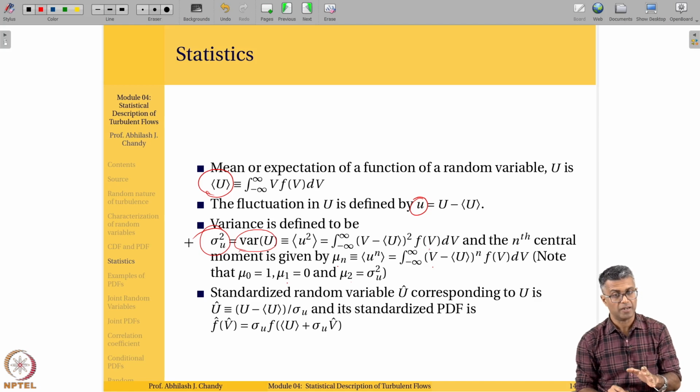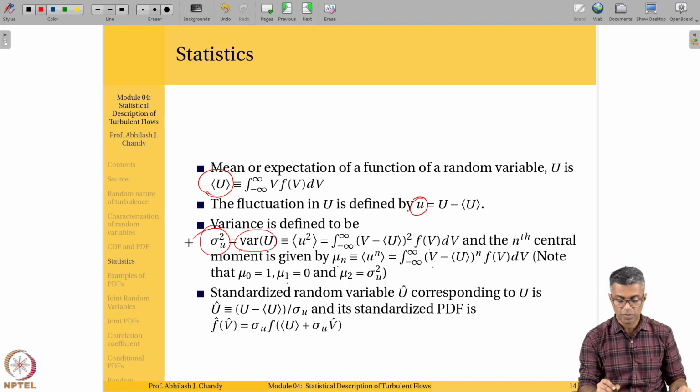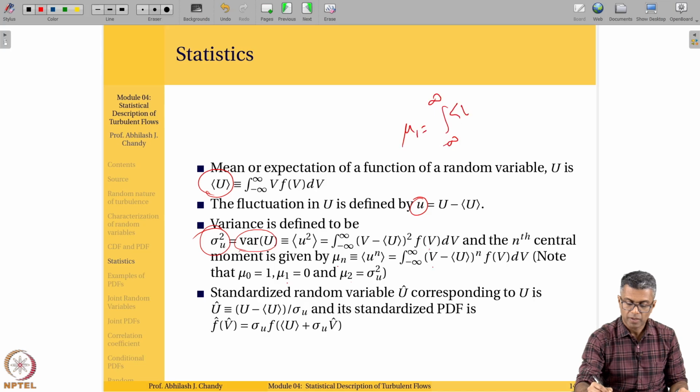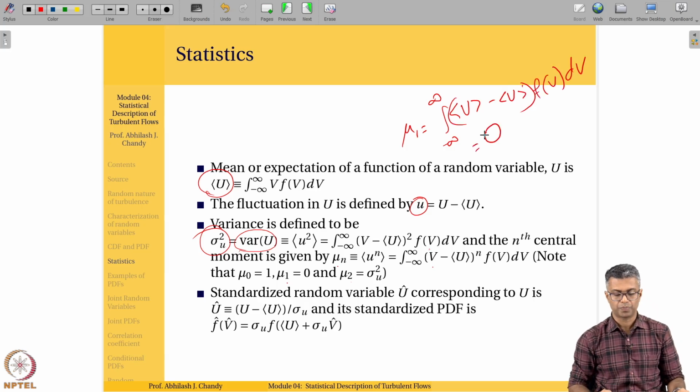It is not your mean, it is 0. Because if you substitute, mu 1 becomes the integral from minus infinity to infinity of (V minus the mean of U) times f(V) dV. Obviously this comes out to be 0. You understand?